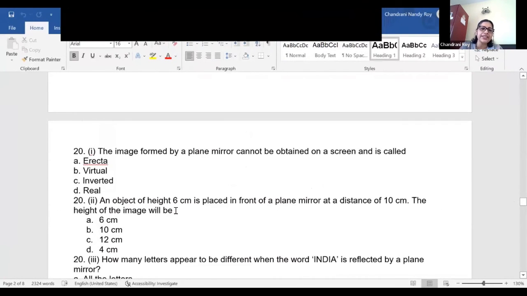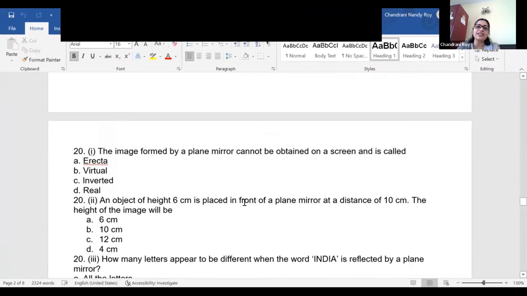The height of the image will be? Here, this particular information that the object is placed at a distance of 10 centimeters actually has no role to play in the answer.